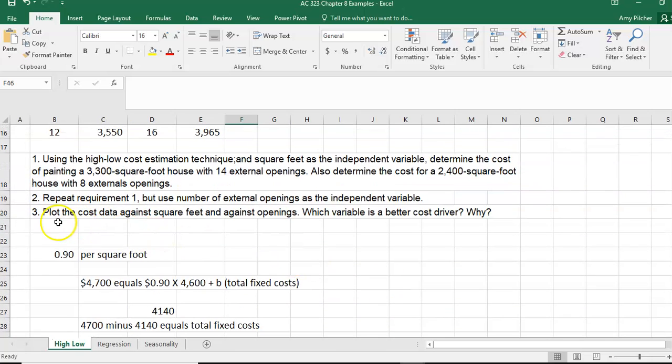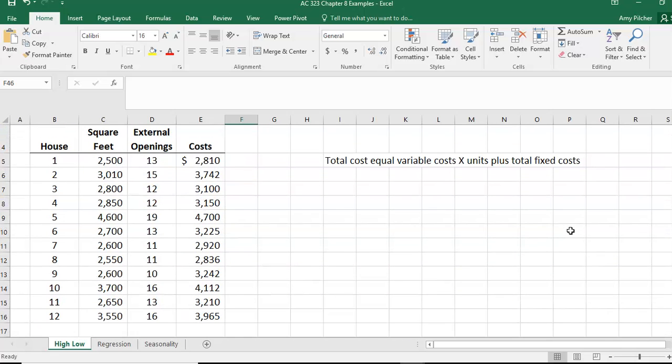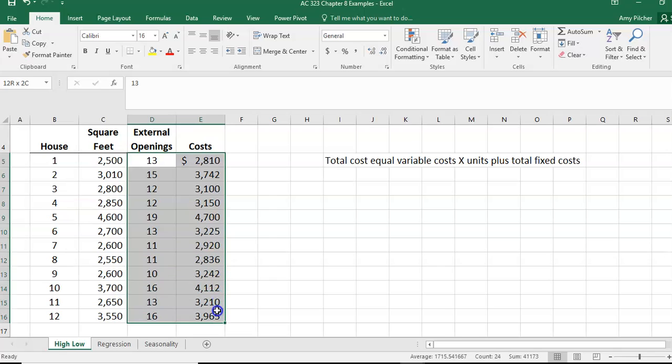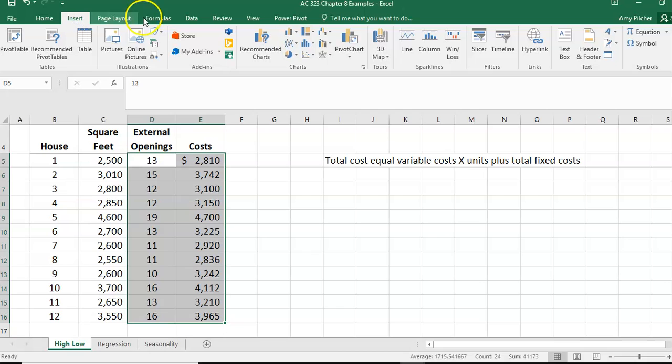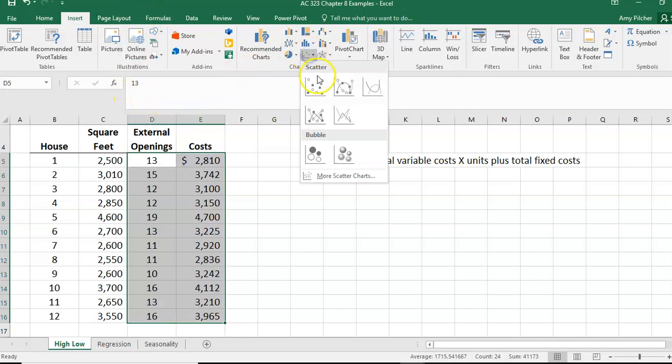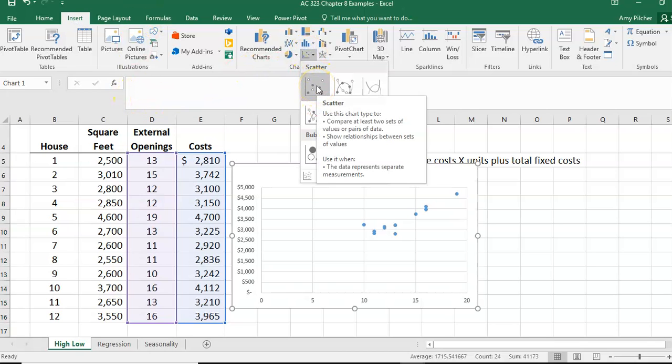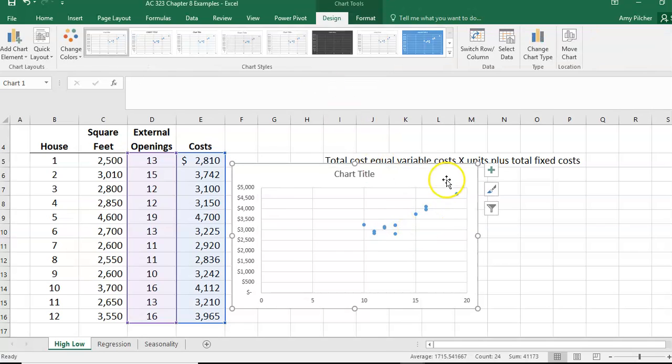Part 3 then says, plot the cost data against square feet and against openings to determine which variable is a better cost driver. So we're going to graph this information. First, we'll select external openings and costs. We will say insert. We want a scatter plot. This gives us a graph that shows if our cost information is linear or not.